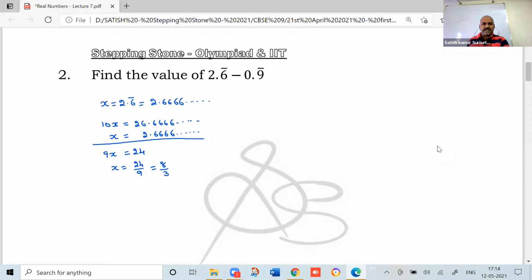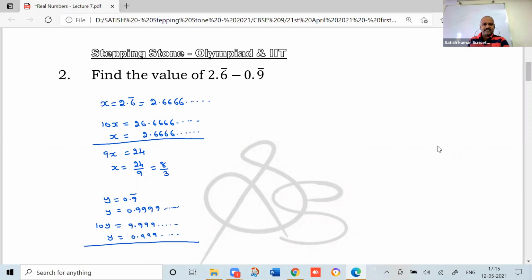Now in the same manner calculate 0.9 bar also. Let us denote it as y equal to 0.9 bar, that is 0.9999 and so on. So here also you have to multiply with 10. So 10y equal to 9.999, subtract y, 0.999 and so on.